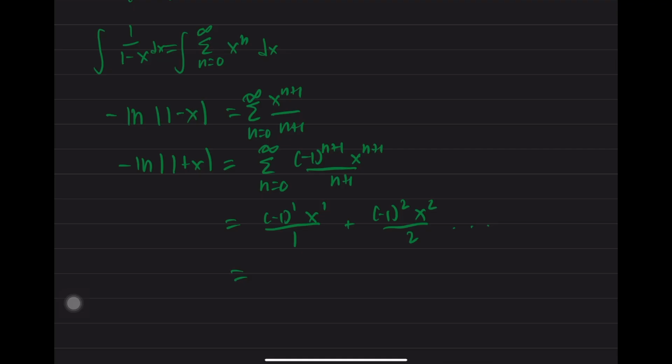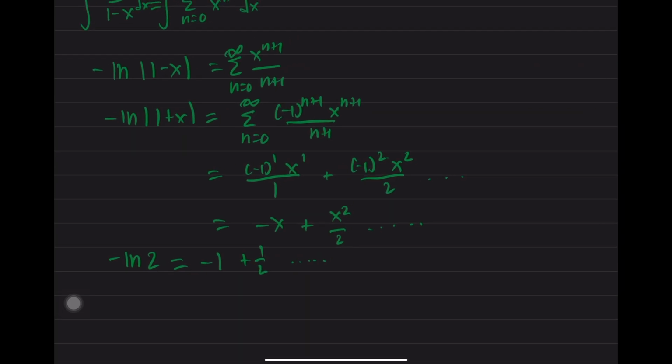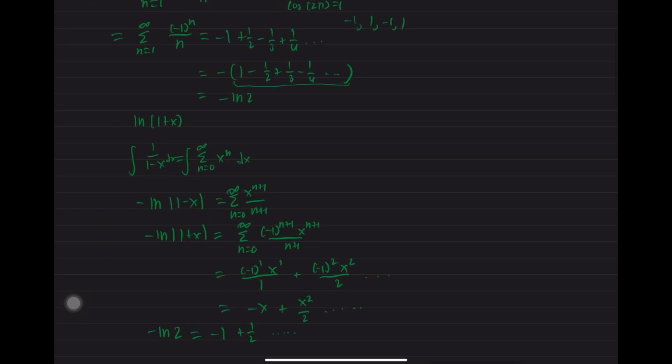So we have negative x plus x squared over 2, and this goes on and on. Let's let x equal 1, then we'll have negative ln of 2 is equal to negative 1 plus 1 over 2, and so on. And that is exactly the sum we had right here. So this shows that the value of our integral is in fact negative ln of 2.